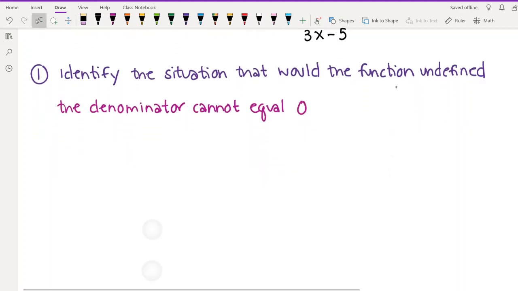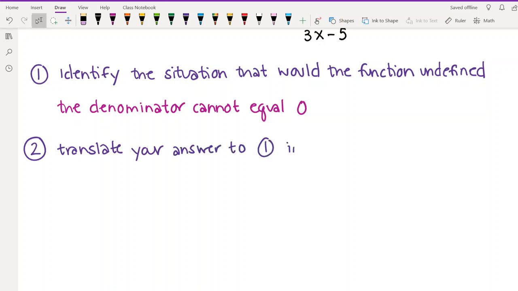Okay, so once you know, in words, what that situation is, what you need to ensure, you can take that answer and translate it into either an inequality or an equation. So we're going to translate your answer to part 1 into either an equation.